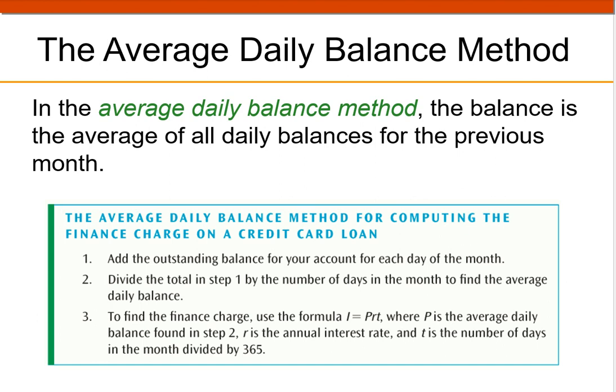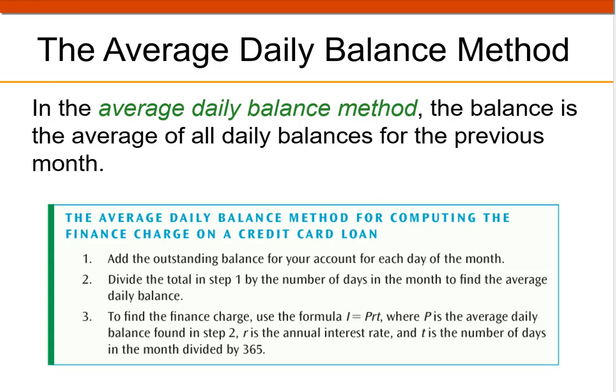And there's 12 months in the year, but not all 12 months have the same number of days. Some of them have 31, some of them have 30, and then there's February that's got 28 or 29, depending on whether it's a leap year, right?